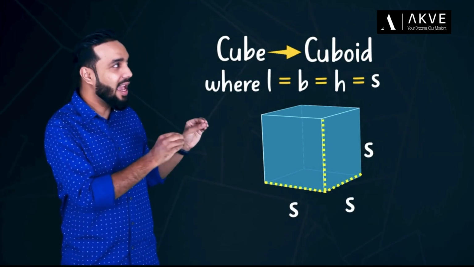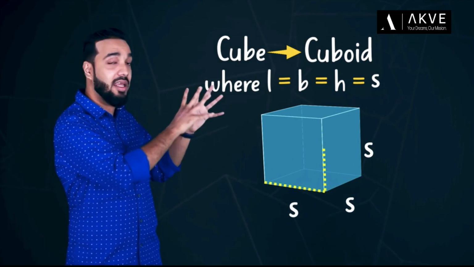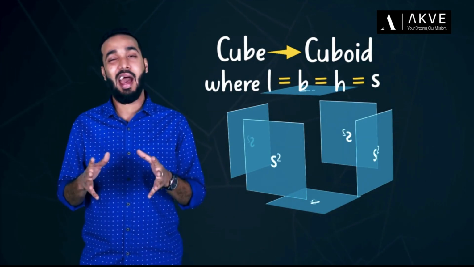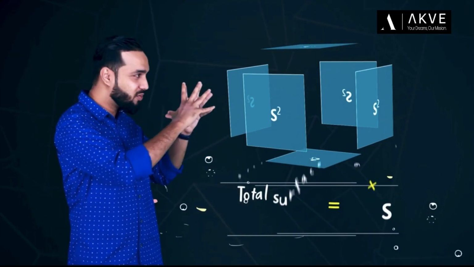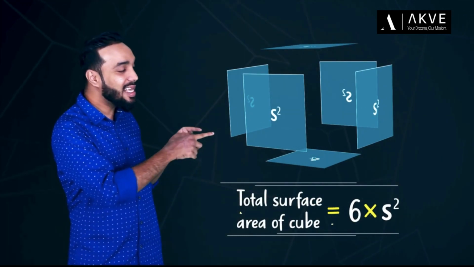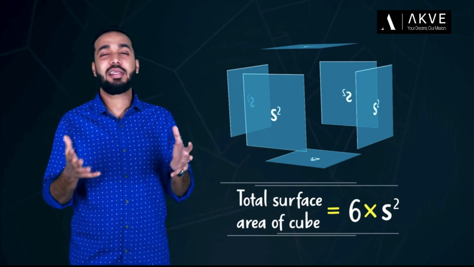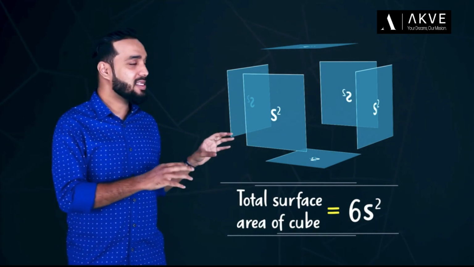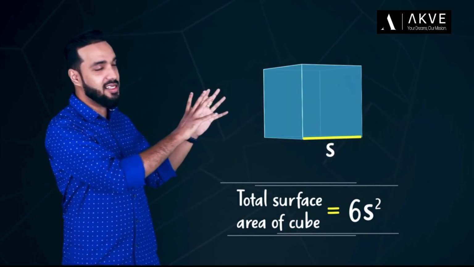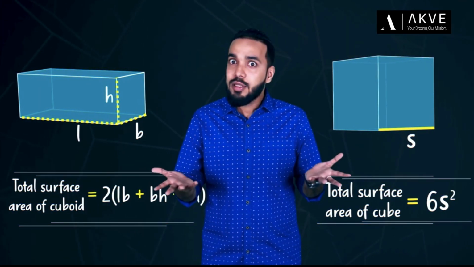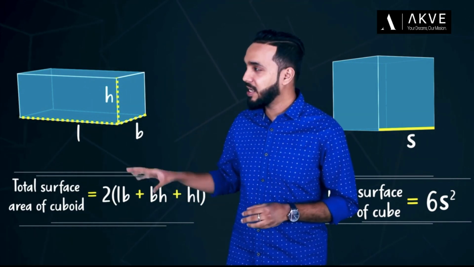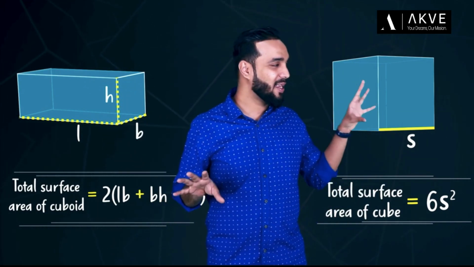Then the area of each of the identical faces will just be S squared, and the total surface area of this cube will be 6 into S squared, which is simply 6S squared. Here, S is just the length of each edge. That was so simple, wasn't it? We learned how to find the total surface area of cuboids and cubes.